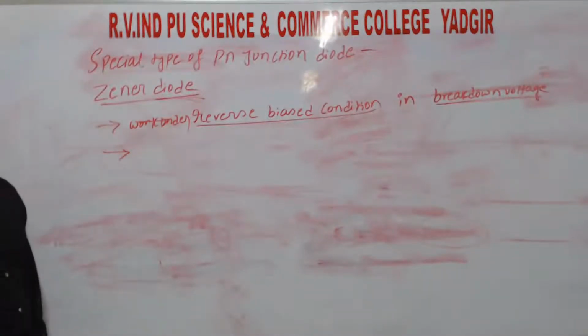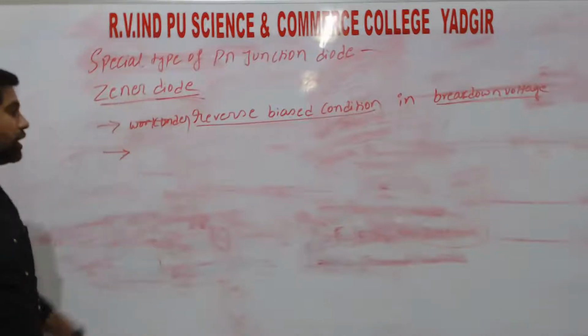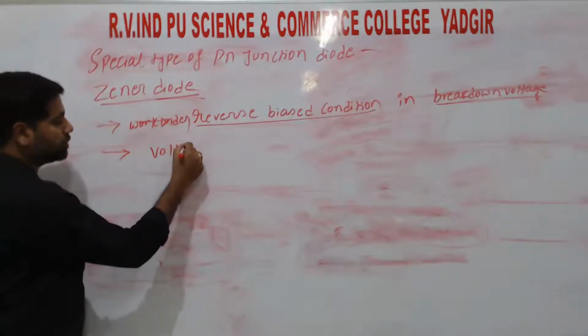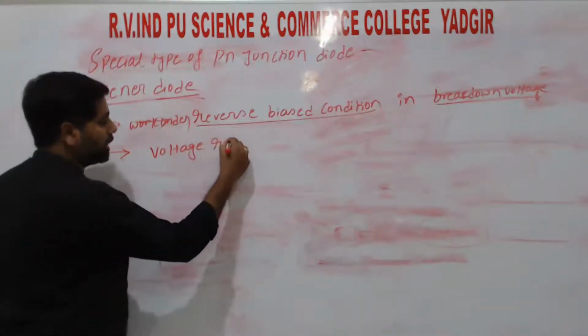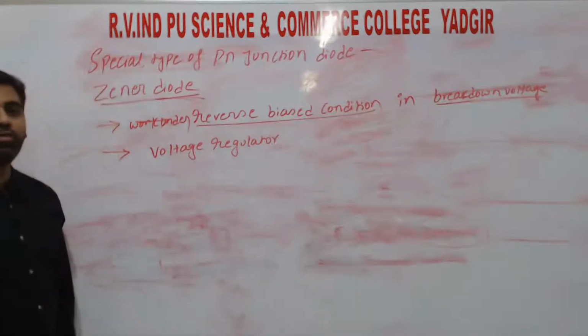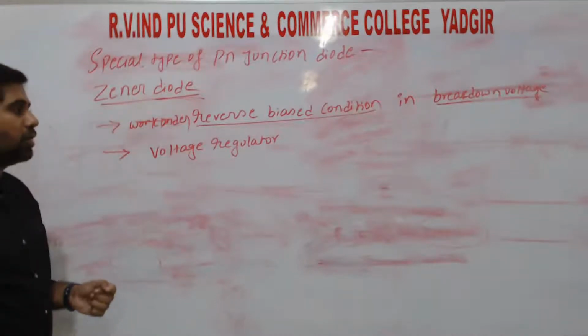The purpose of the Zener diode is its use in the application of voltage regulator, right? So in a voltage regulator we are going to use the Zener diode, right?